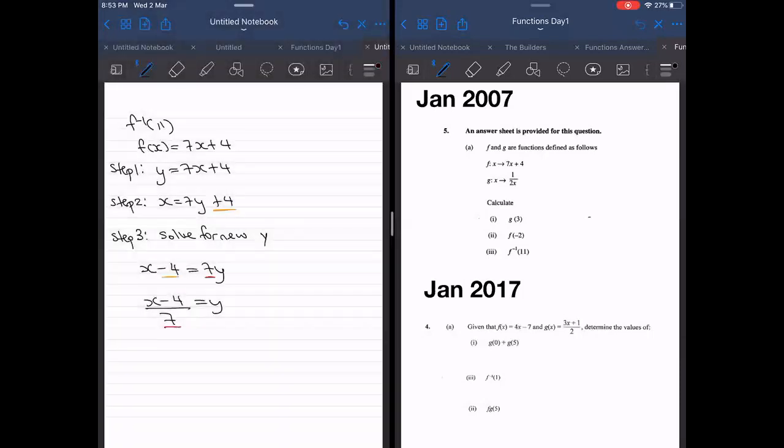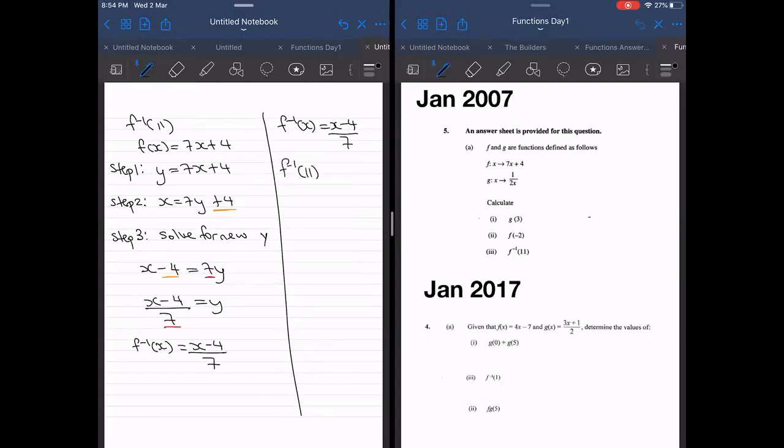And since I found the new y, I know that my f inverse of x is x minus 4 over 7. So since I know that, I'm just going to go through and explain so that those persons who are okay, I can let them out.